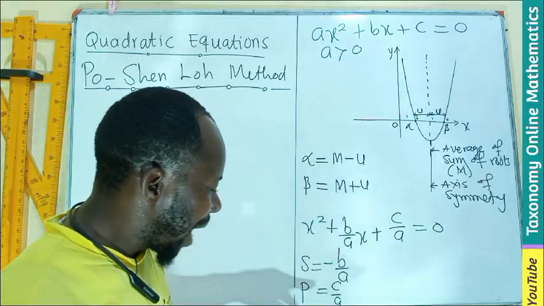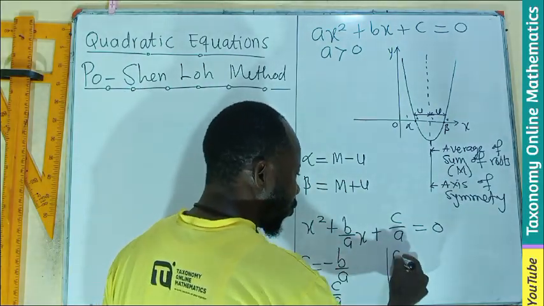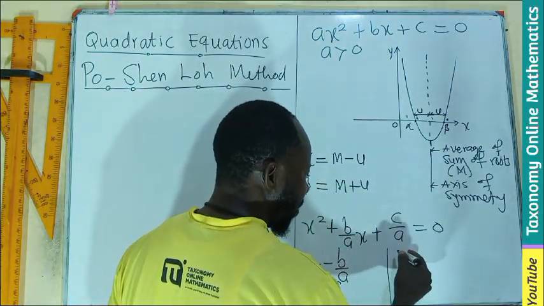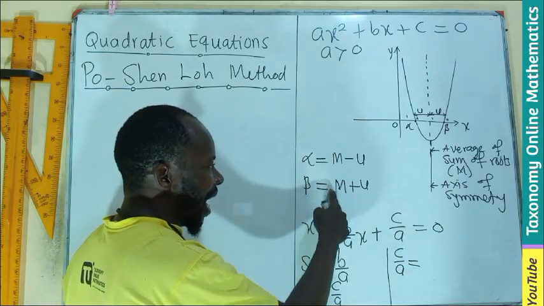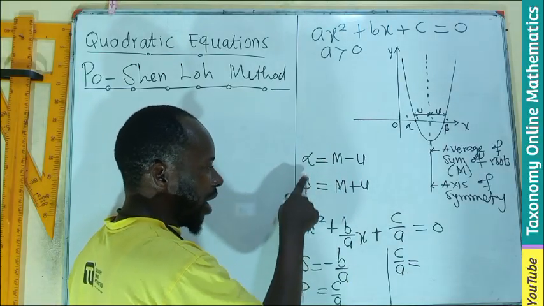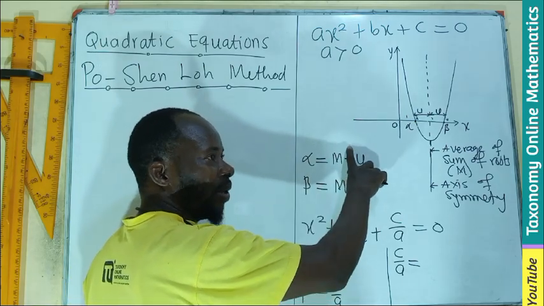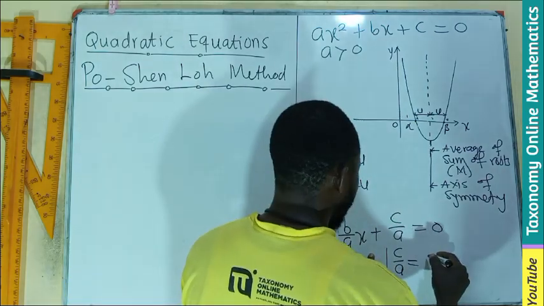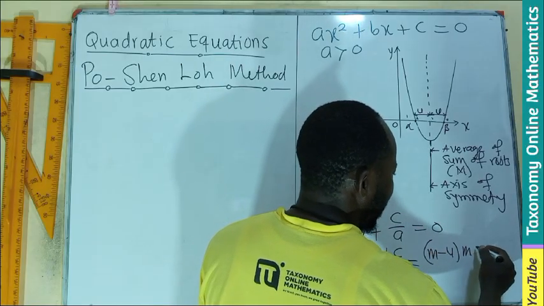So I can say that the product of roots is going to be equal to c over a, equal to the answers I had. You can say alpha and beta are the roots. Their multiplication is the multiplication of this, which is m minus u multiplying m plus what?